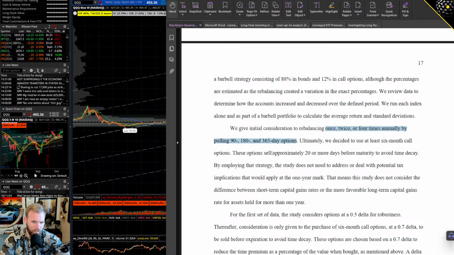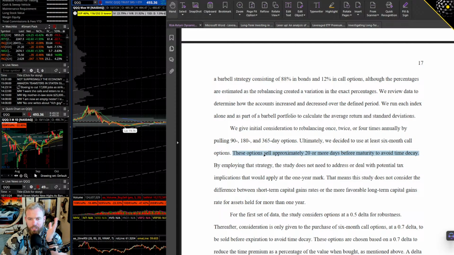Wait. I'm confused. They're not selling. I'm reading this as they're going to sell these at least 20 days or more. That's how I read this, but I don't understand this sentence.